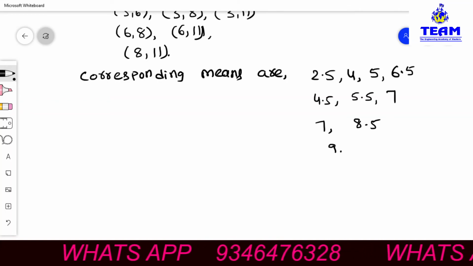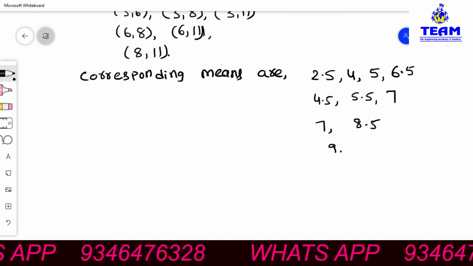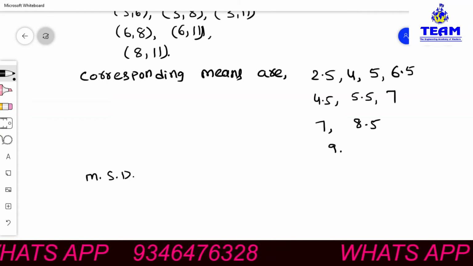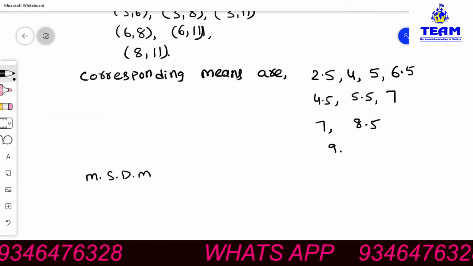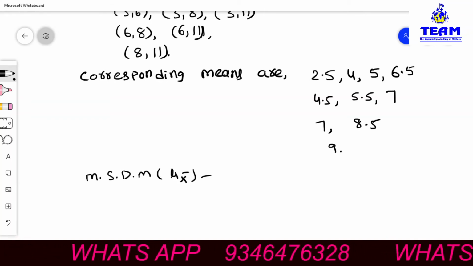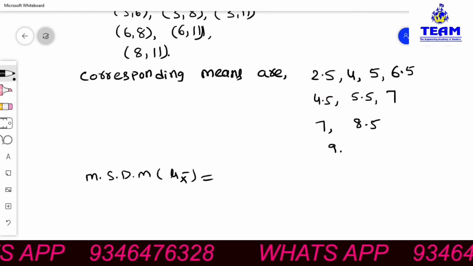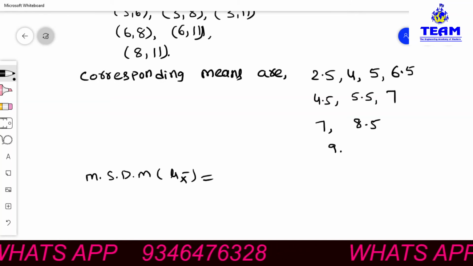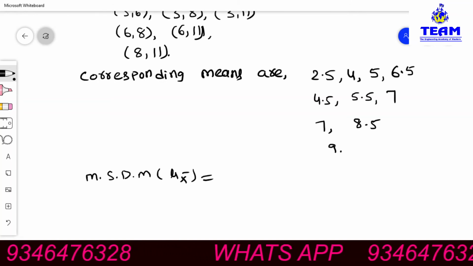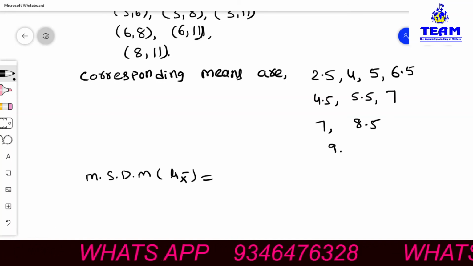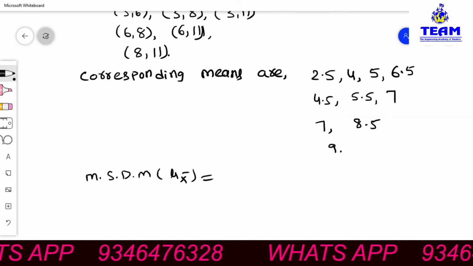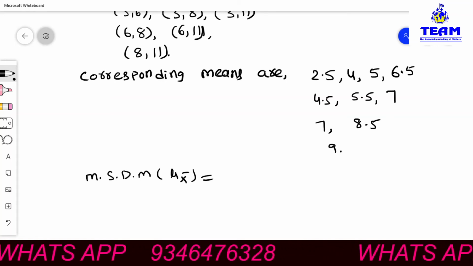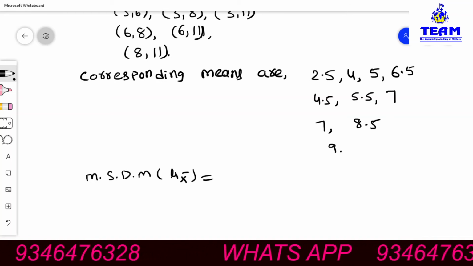Now I would like to find the mean of the sampling distribution of means, that is MSDM. I already said it can be represented with mu x bar, which equals the sum of these sampling means by the total number of samples, here 10.